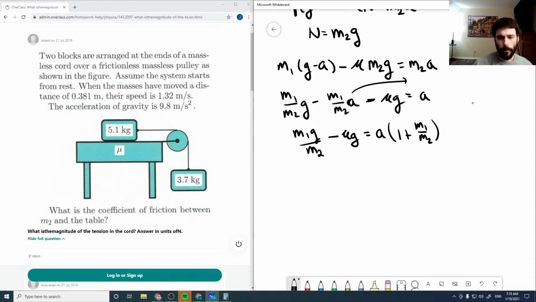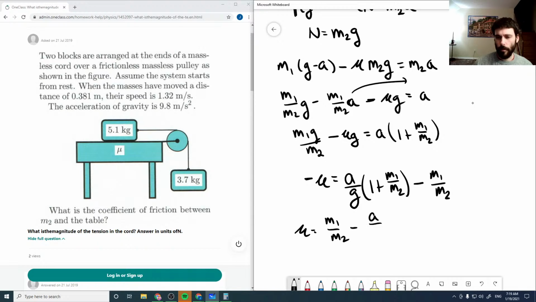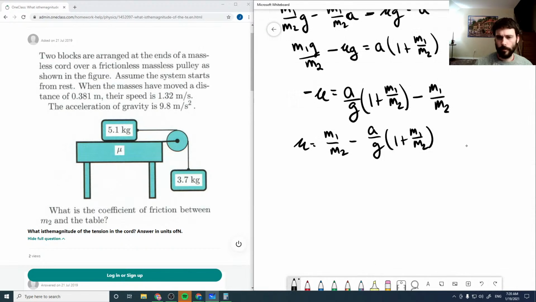So then minus mu is equal to a over g, 1 plus M1 over M2, minus M1 over M2, or mu is equal to M1 over M2 minus a over g, 1 plus M1 over M2. And there we go. Finally, we have an expression for mu.